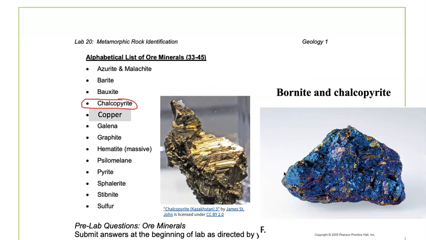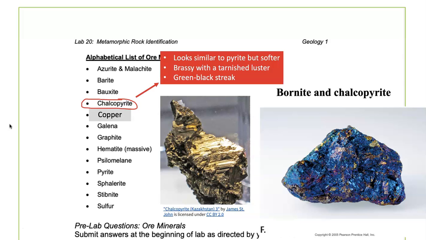We then move on to chalcopyrite. And chalcopyrite, like pyrite, which is down here, is a metallic mineral that looks very much like gold. They call them fool's gold. So chalcopyrite and pyrite are a bit difficult to tell from each other. The one thing is that chalcopyrite is softer than pyrite, and it has a little more of a tarnished luster than pyrite.